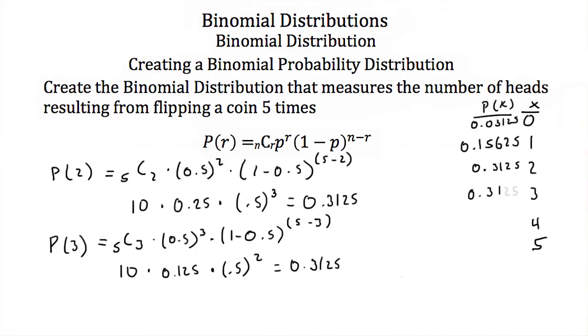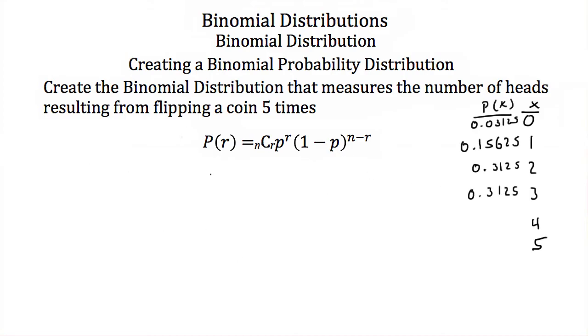2 more to go. Now we want to try to find the probability of getting 4 heads if I flip a coin 5 times. That's equal to 5 choose 4 times 0.5 to the 4th power times 1 minus 0.5 to the 5 minus 4 power. 5 choose 4, that's equal to 5. Multiply that by 0.5 to the 4th power.